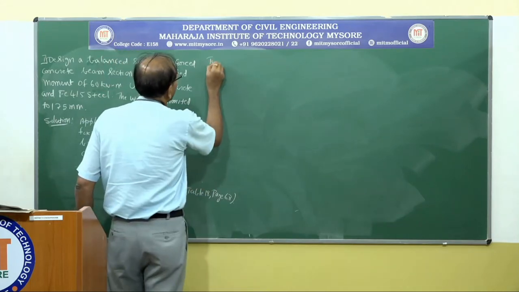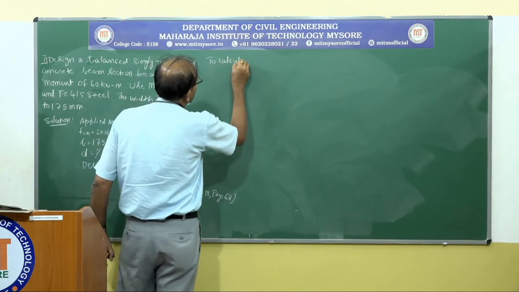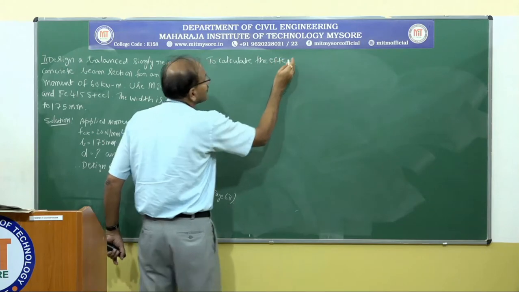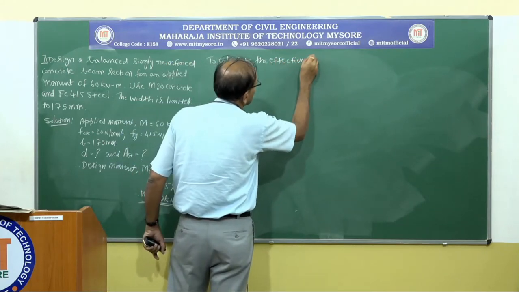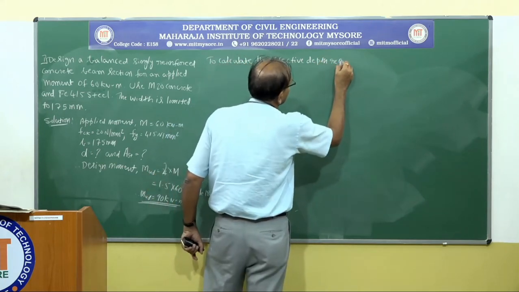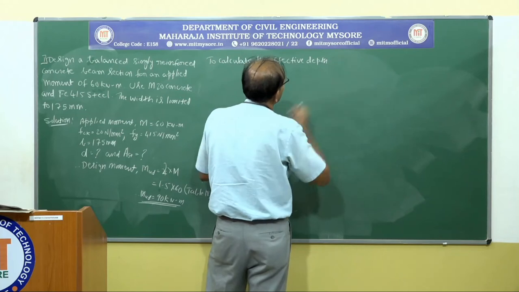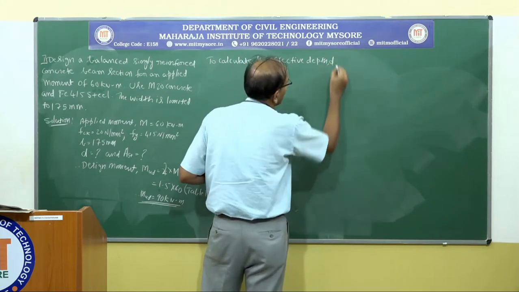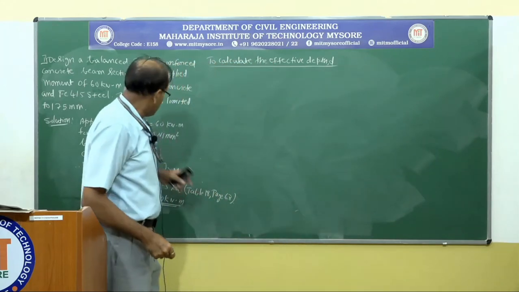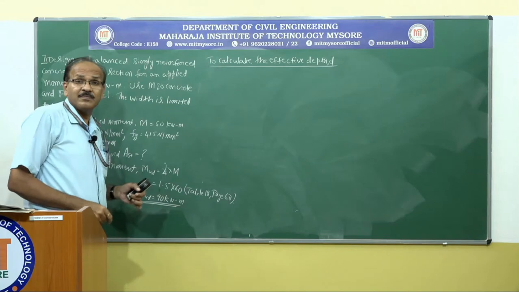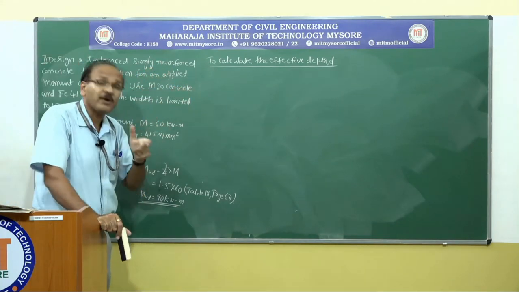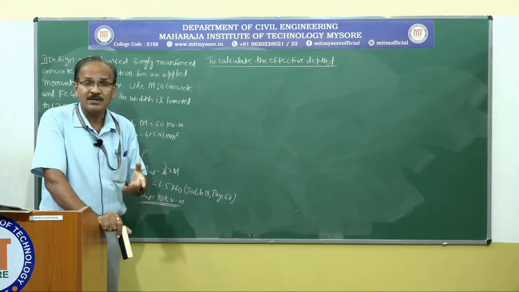So to calculate the effective depth d required, because it is a limiting or balanced section, the corresponding moment should be Mu limit.